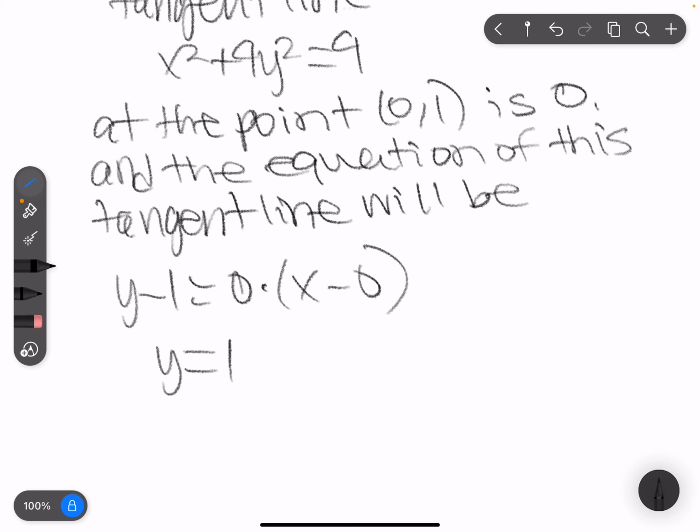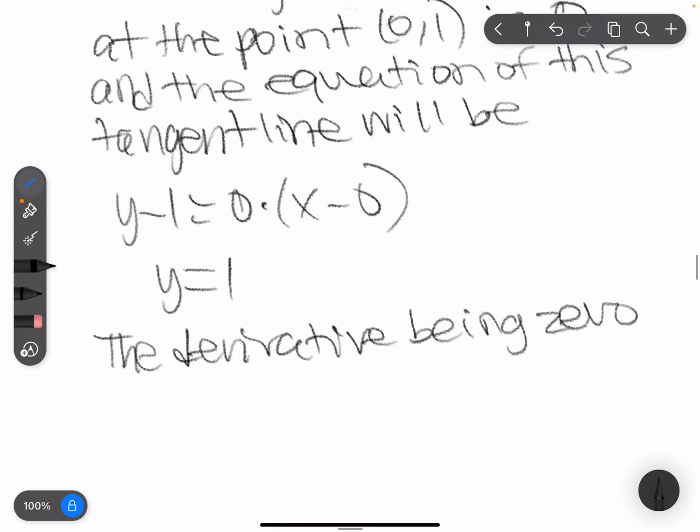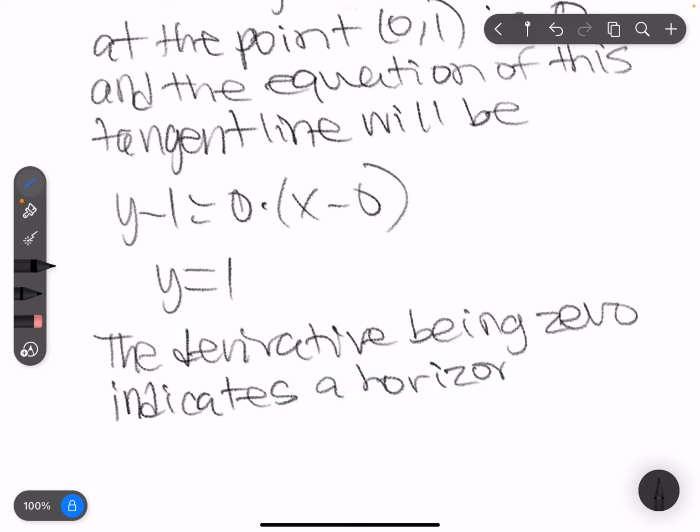This makes sense because a derivative of 0 indicates a horizontal tangent line.